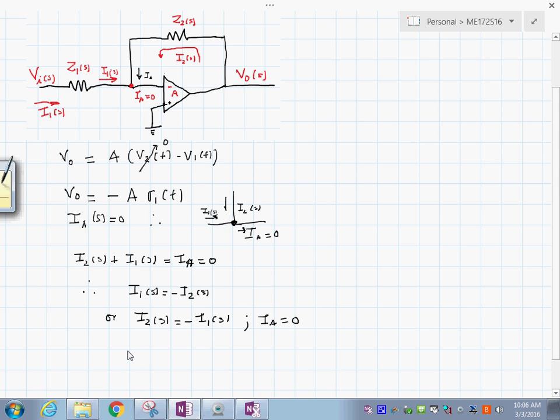So in this case, we'll say that I1 of S would be equal to V sub 1 of S divided by Z1 of S, right?